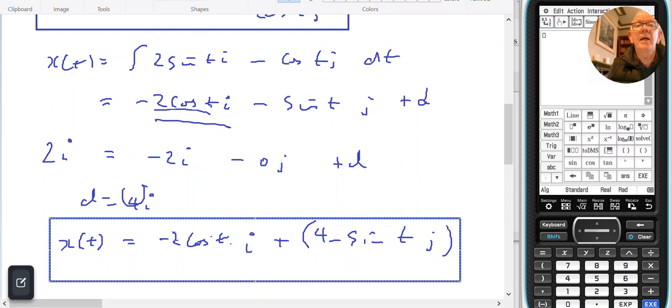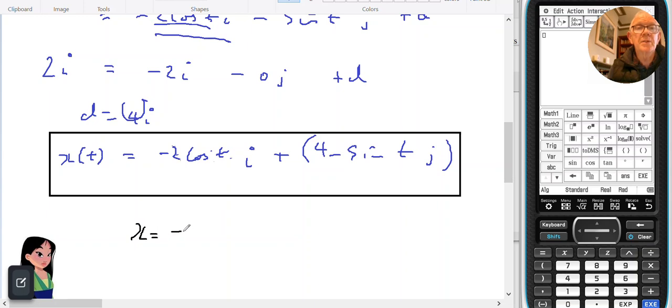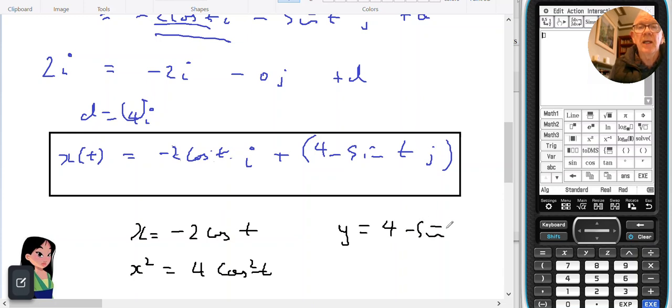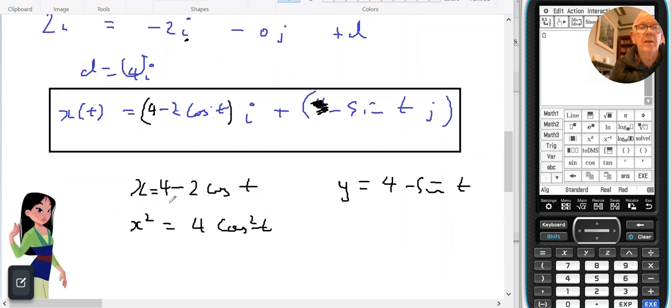Okay, so I need to find the Cartesian equation of that. So x equals -2cos(t) plus 4, since the 4 is to do with i, and there's no 4 in the j.